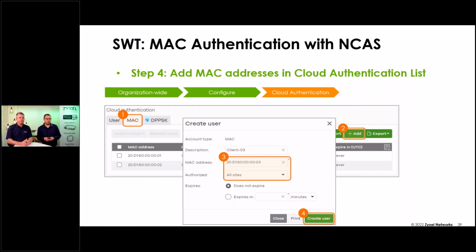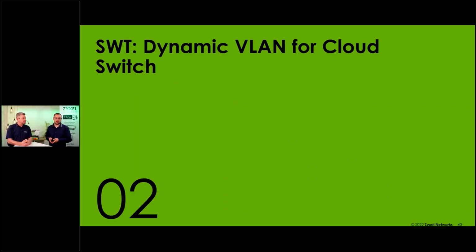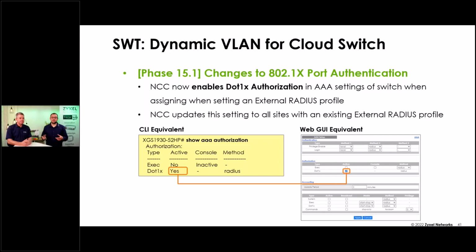Exactly. We have something now implemented that is a bit more dynamic, which is the dynamic VLAN, which you already have on the on-premise devices or on the on-premise switches. Which means that we basically copied it over to the cloud. What does that mean for you is that you now have the possibility to use 802.1x for port authentication of clients on the switch.